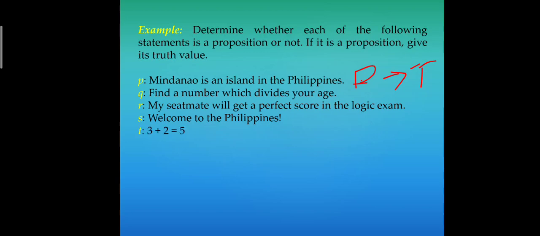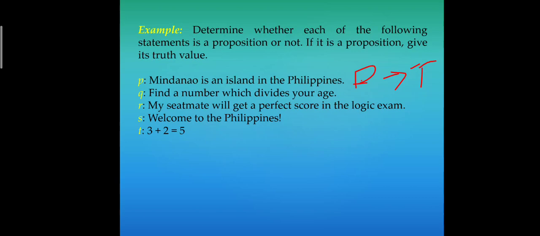Next, we have 3 plus 2 equals 5. Okay? So in this example, the given is an equation. It is a mathematical sentence. But this mathematical sentence can be translated into an English phrase.